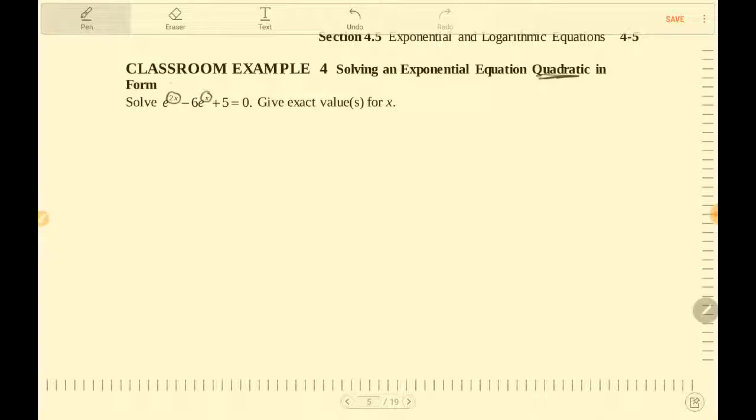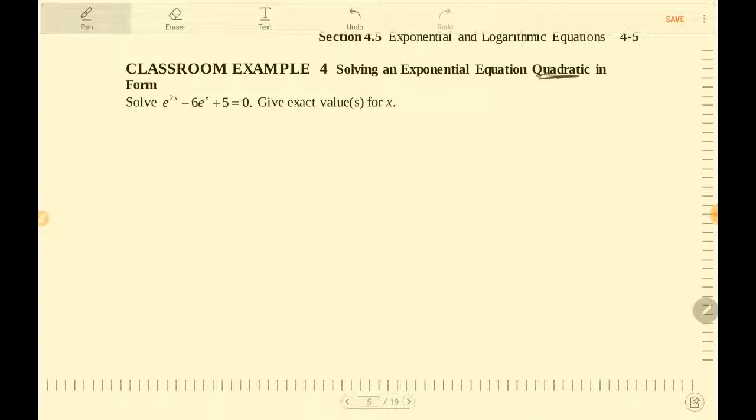And if you see a 2 on your exponent, or even any even number where a 2 can be factored out, that's another sign that it could be quadratic in form. And even better when you see that this exponent is the double of this exponent. This really looks like a quadratic to me, even without being told that it's quadratic in form.